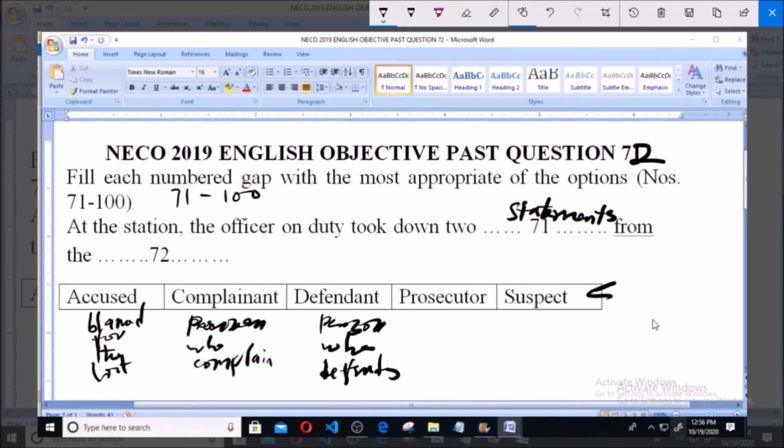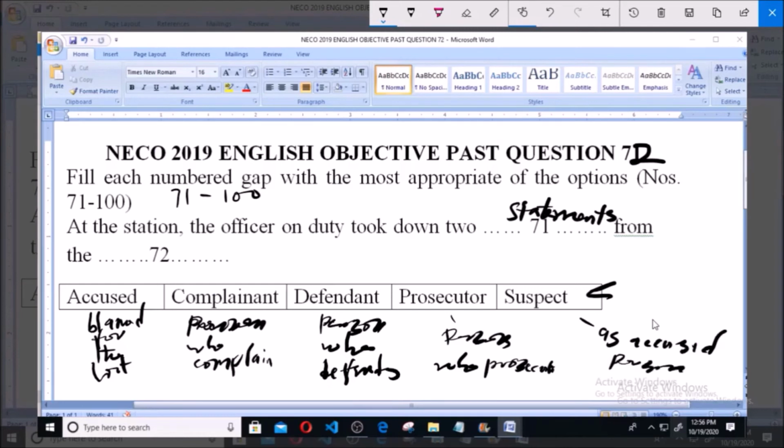Then prosecutor is the person who prosecutes. Then suspect is the same as accused person.